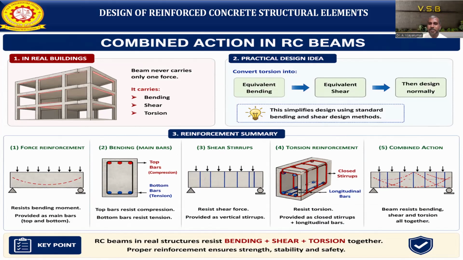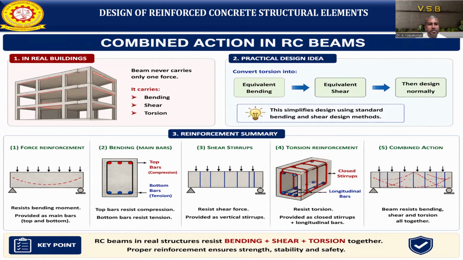This is a simplified design using the standard bending and shear design methods. So in the real beam, three types of forces act: bending, shear and torsion. We take into account the equivalent bending and equivalent shear, then go for the normal design of the beam.